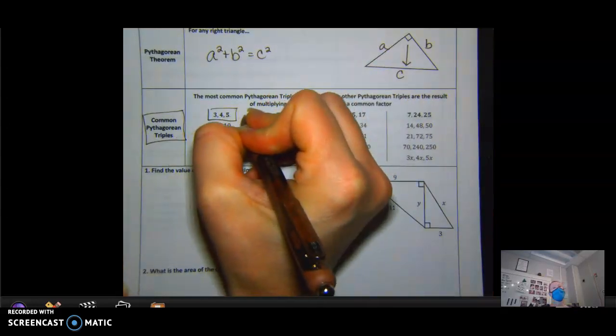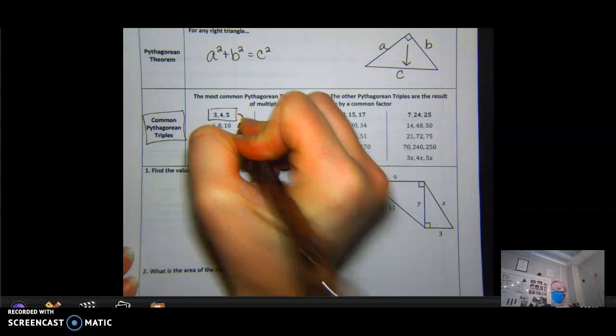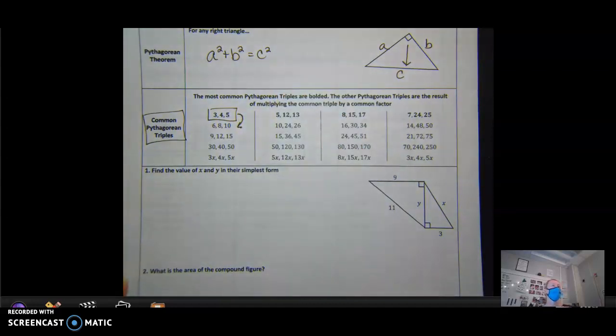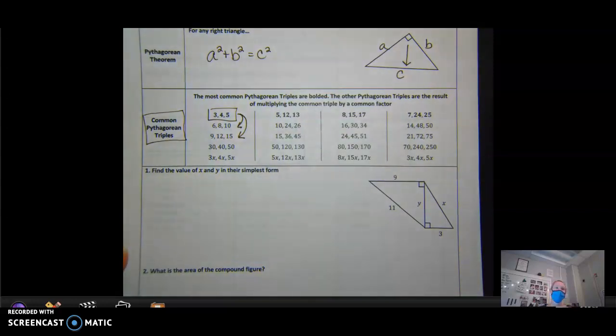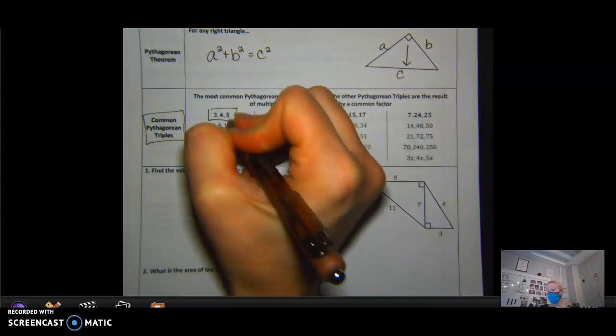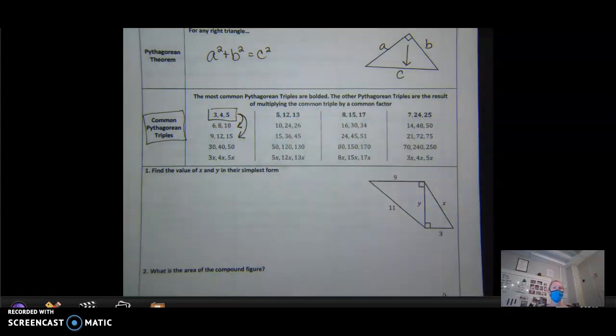Then, as long as you know that 3, 4, 5 is a triple, you can multiply it by 2 and get 6, 8, 10. Those are also three lengths that would work to make a right triangle. You can multiply it by 3 and get 9, 12, 15. So these are just multiples of the 3, 4, 5 triangle.